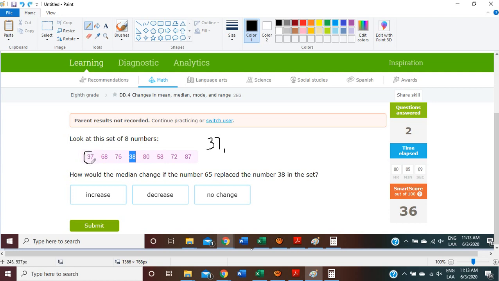Okay, 68. Oh no, it's 38, the next number. Which one is the next number? 68. No, it's 58. All right, 58 is the next number. The next number is 68.